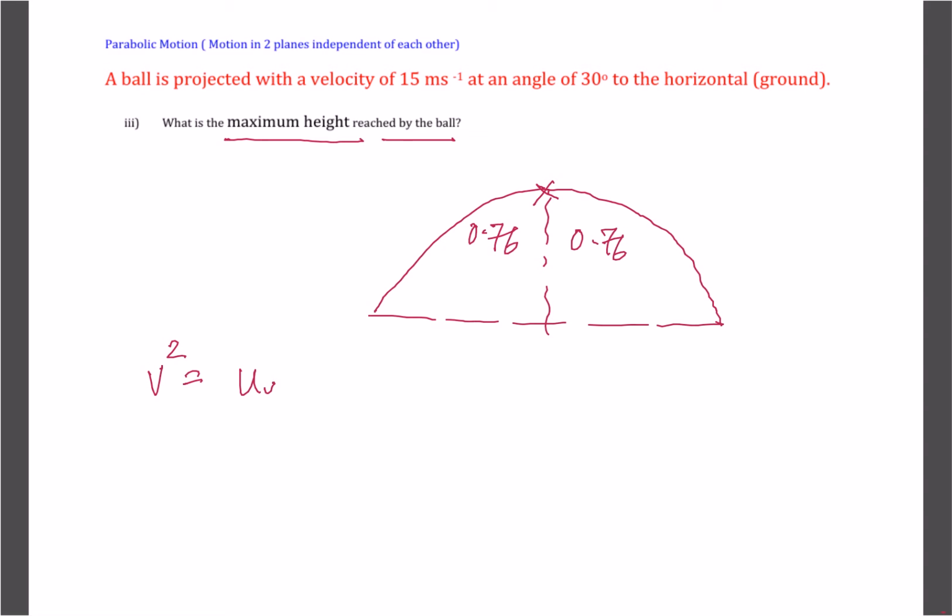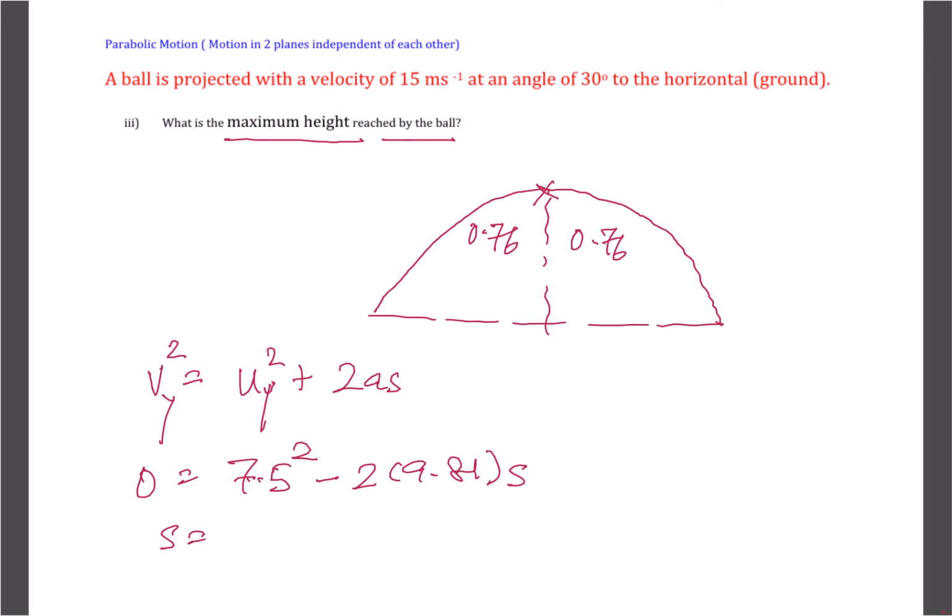Now, before we look into that, for the maximum height we just focus on using the equation v squared equals u squared plus 2as, and we have, again, g is negative. You work it out, and you get the highest point as 2.9 meters to 2 SF.